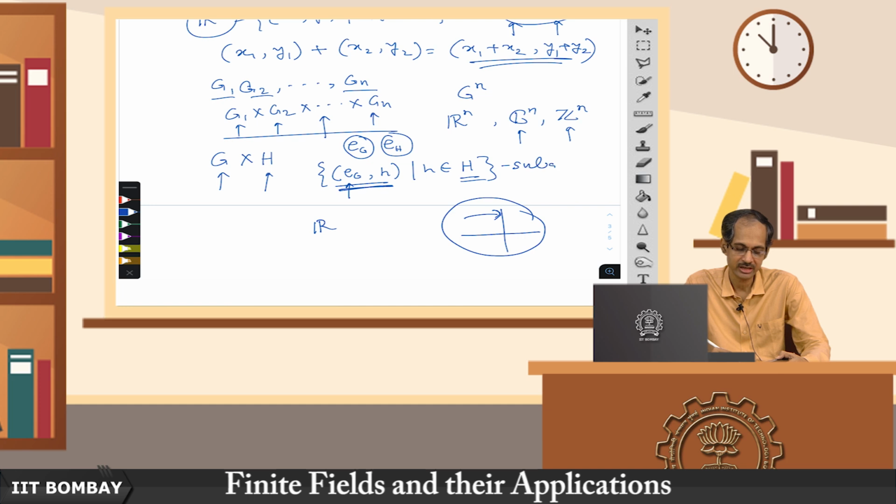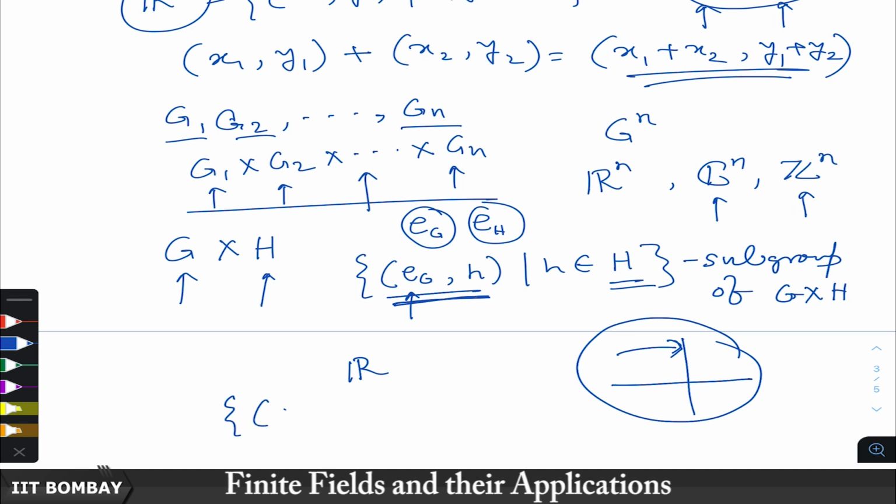So, similarly here also you can easily check that this is a subgroup of G cross H. And similarly you can also fix the second component e_H, where g is free to be taken from capital G, and this is also a subgroup.